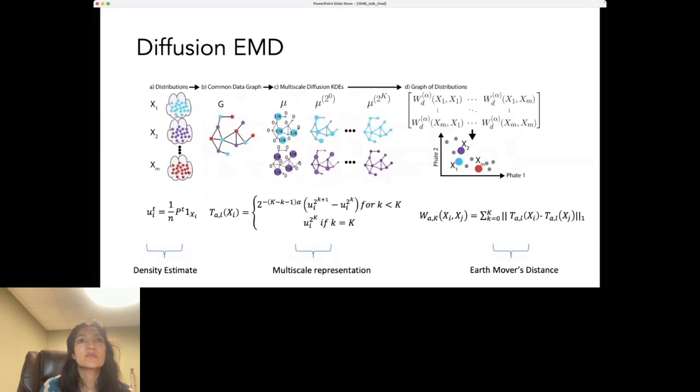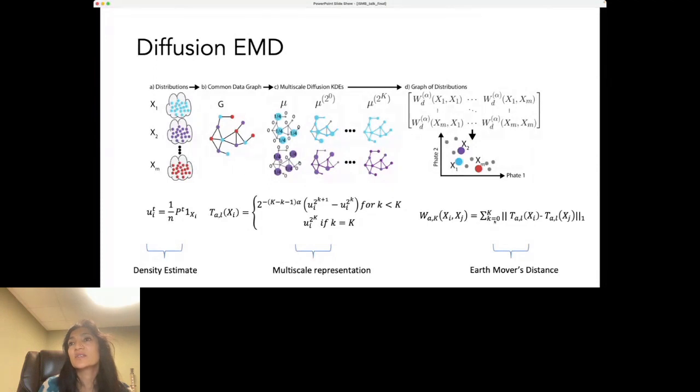So we repeat the same trick. We take all these point clouds of data, turn them into a joint data graph, and then we create density estimates by creating indicator signals and then diffusing them to different scales to create different scales of kernel density estimates. These are very similar to the different scales of wavelets that were used in the wavelet-based Earth mover's distance.